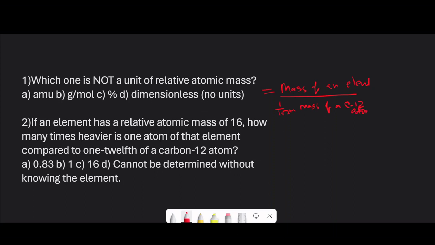We have mass here and mass here, so the units cancel out. So there should not be any units. This is dimensionless. So AMU, we have chosen that for convenience.